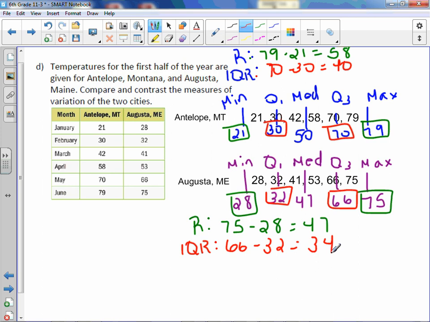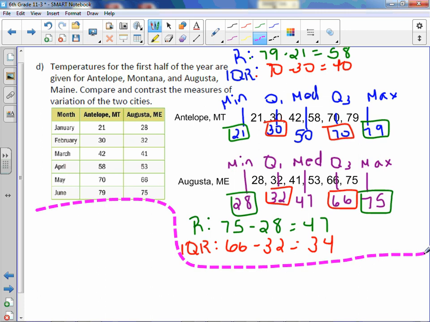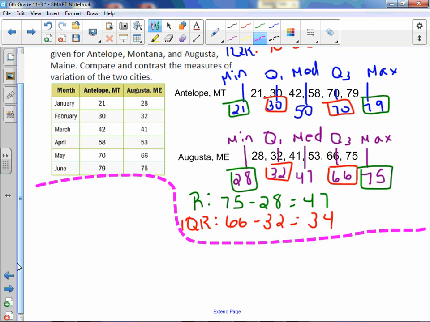Okay. You don't have to put these into a table, but again, I would rather put them in the table. It's nice and easy to compare them when they are right next to each other. So we have our range, our interquartile range.